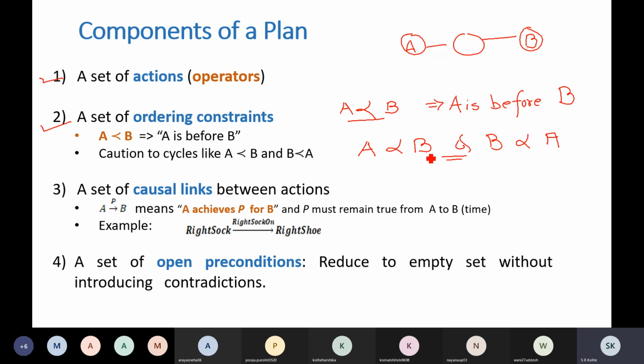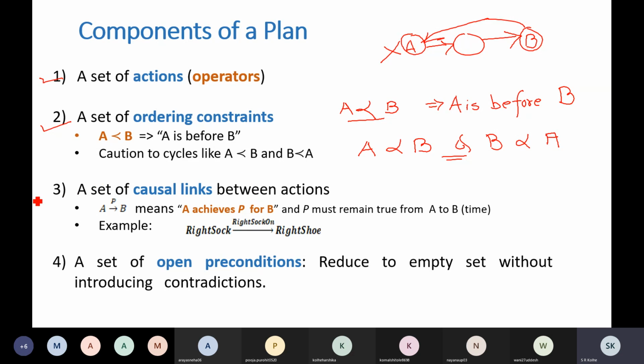So A comes before B, and similarly if we have a constraint that B comes before A, that will be something like this. B comes before A. So that will result in a cycle. So avoid such cycles.